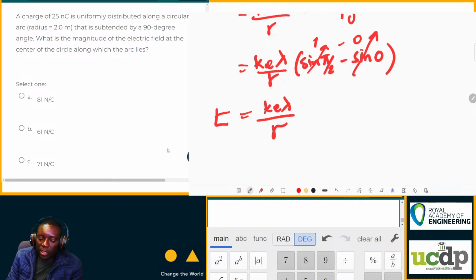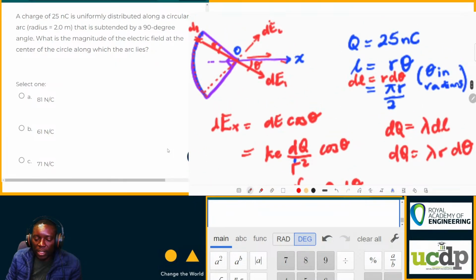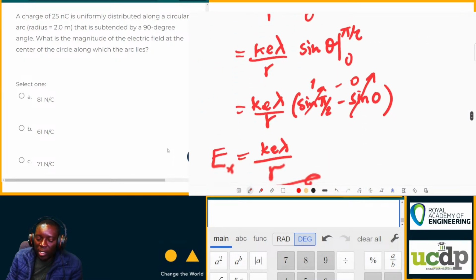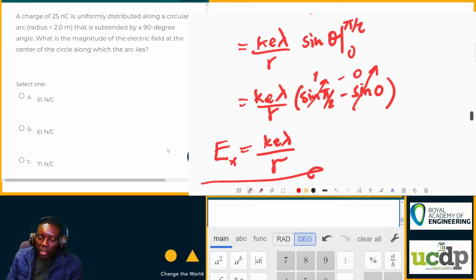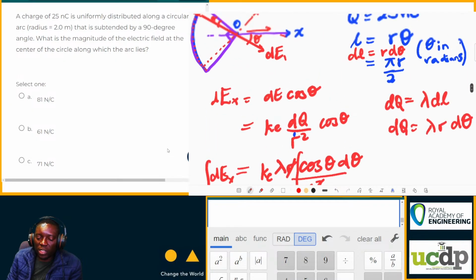So this is the expression for the electric field due to this linear distribution of charge that is bent into an arc subtended by a 90-degree angle. So this is our formula. That's how we get to that formula which we have to use for this particular expression.